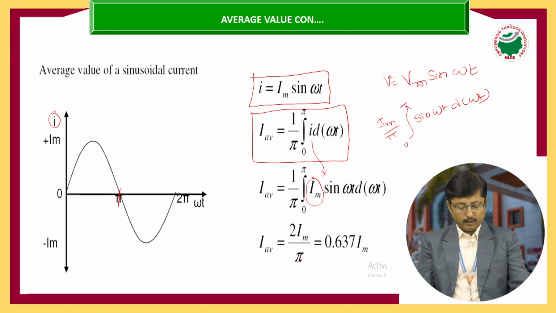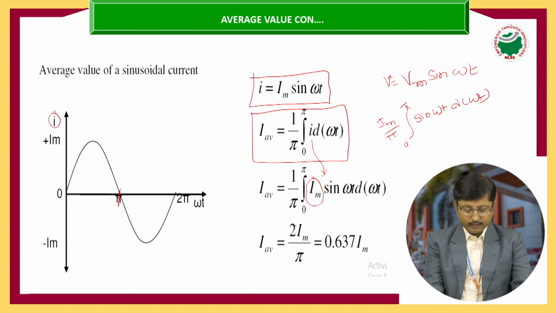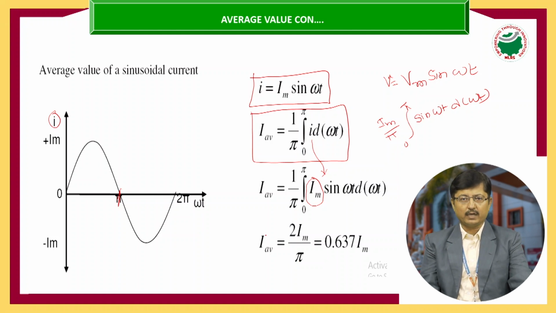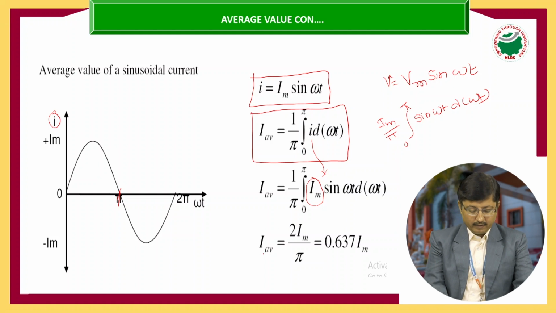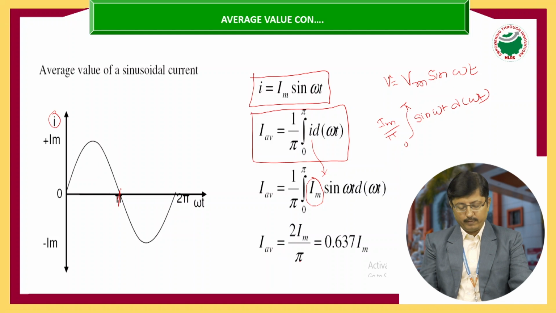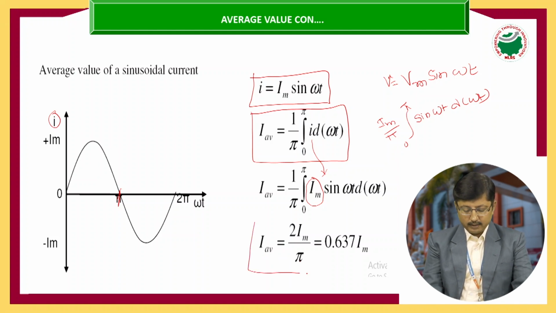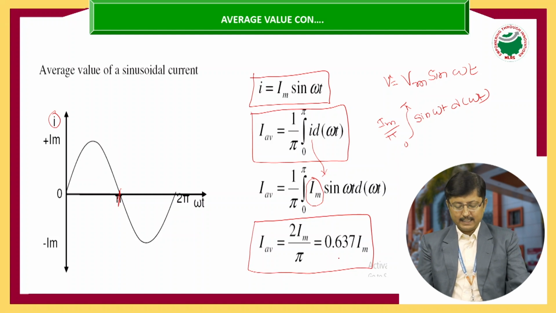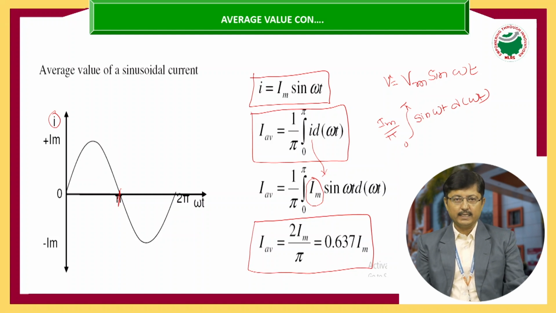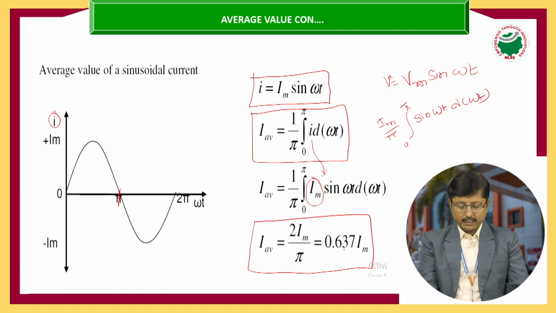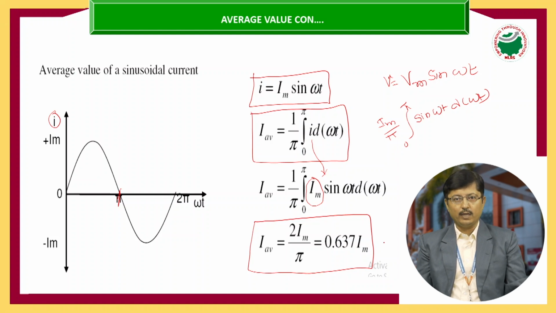So what is the average value now? The average value of a sinusoidal or alternating quantity in general is 2 Im by pi, or 0.637 times the maximum value.